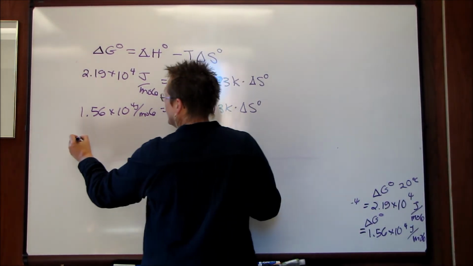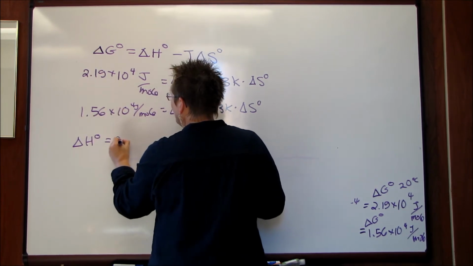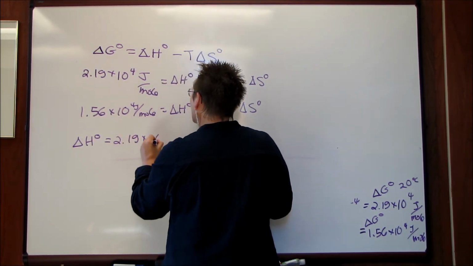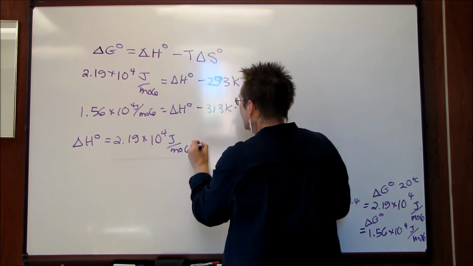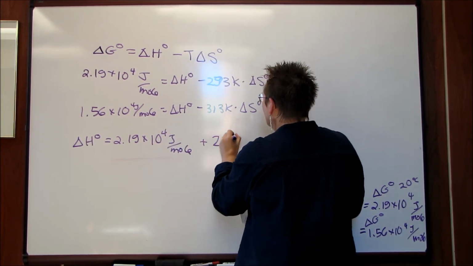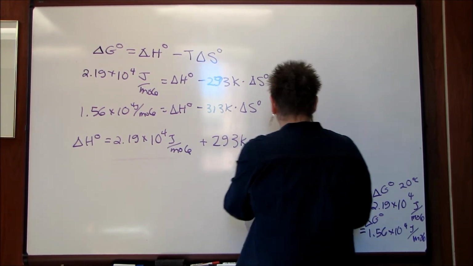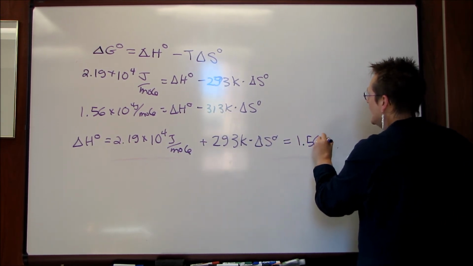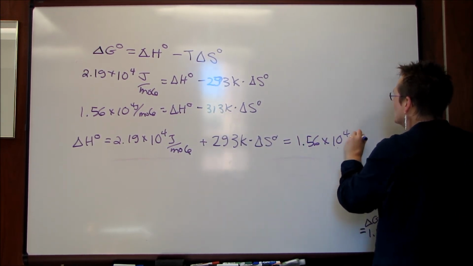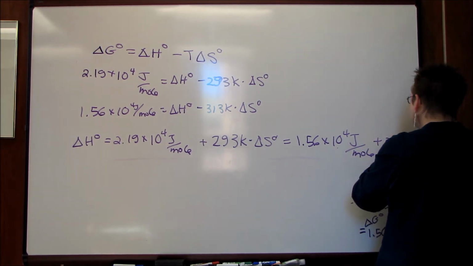What I would do would be to set delta H naught equal to 2.19 times 10 to the 4 joules per mole plus 293 Kelvin times delta S naught, which is also equal to this, 1.56 times 10 to the 4th joules per mole plus 313 Kelvin times delta S naught.